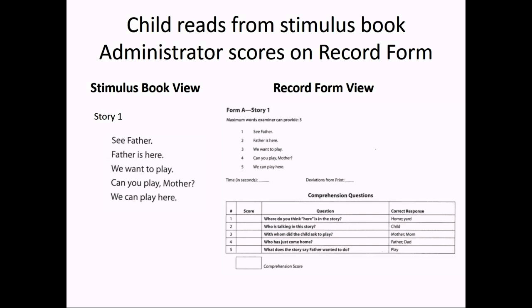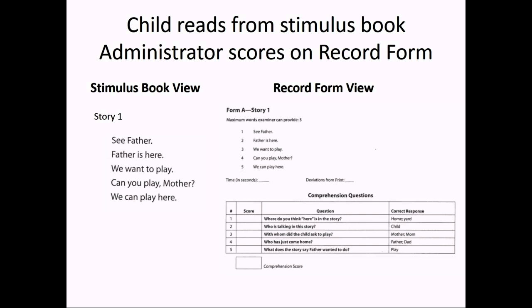You can see that there's going to be a place where you record how long it took the child in seconds to read the passage, and a place where you're going to mark deviations or mistakes. Then you ask the comprehension questions and write down the comprehension score.